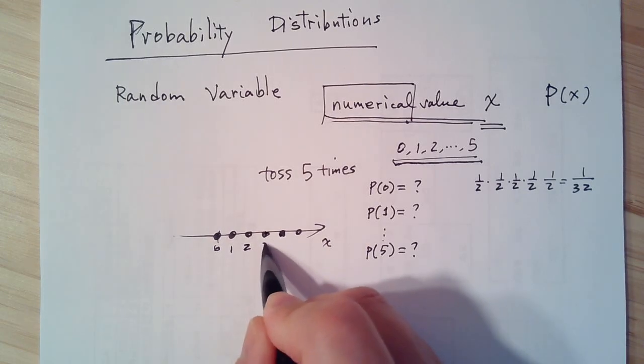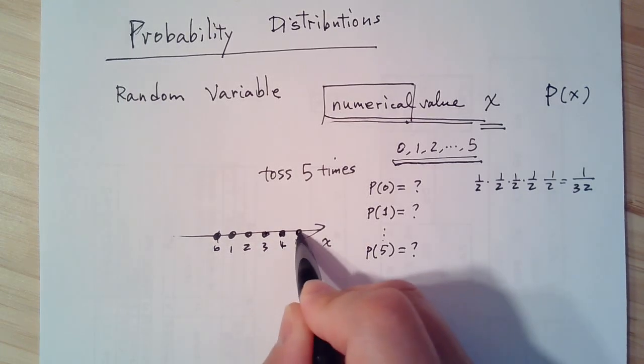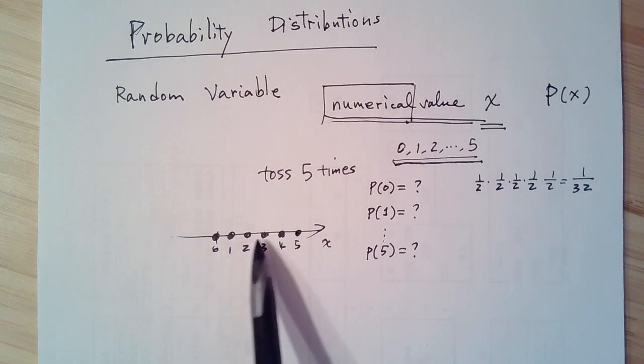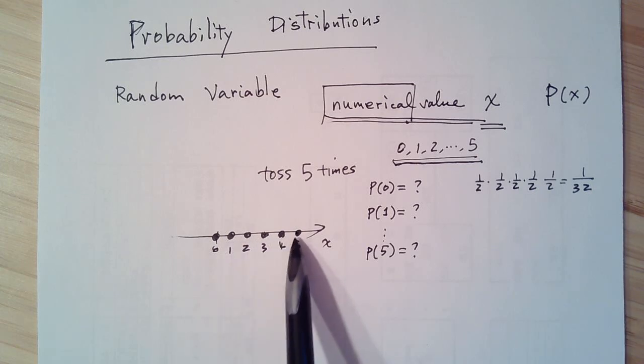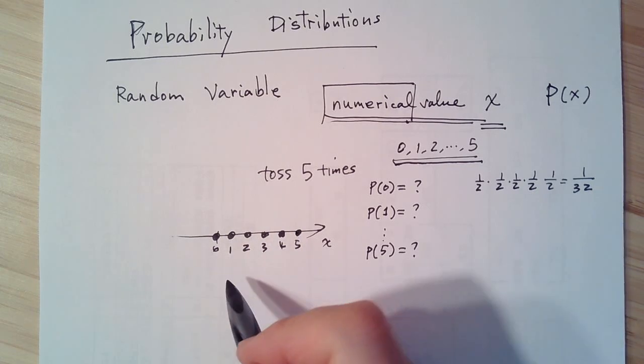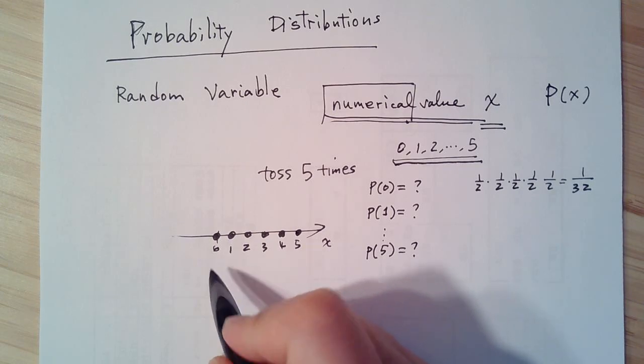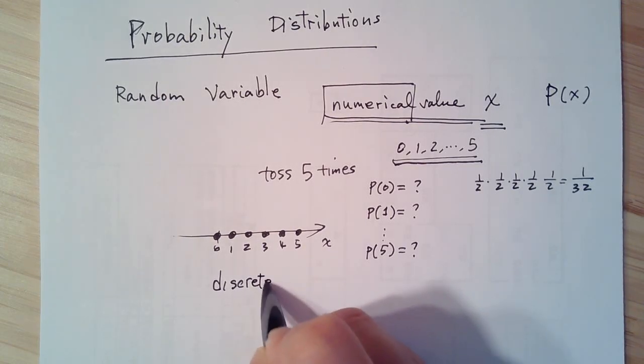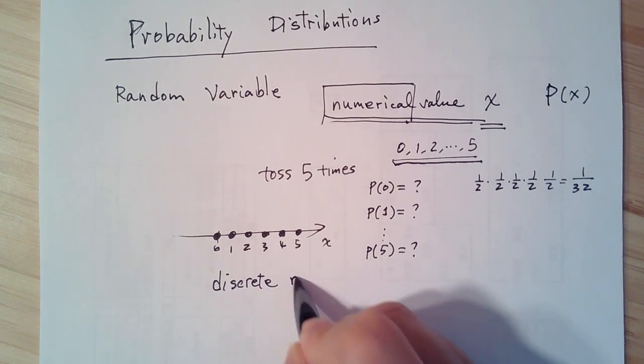Because they're isolated points, if you plot all the possible values on the number line and you get single, isolated points, then there's a term for it. We call that a discrete random variable. Discrete, because they're not connected.